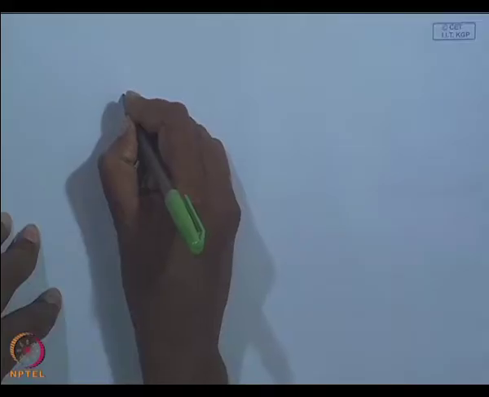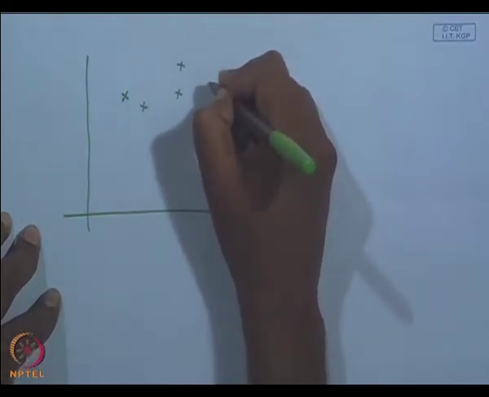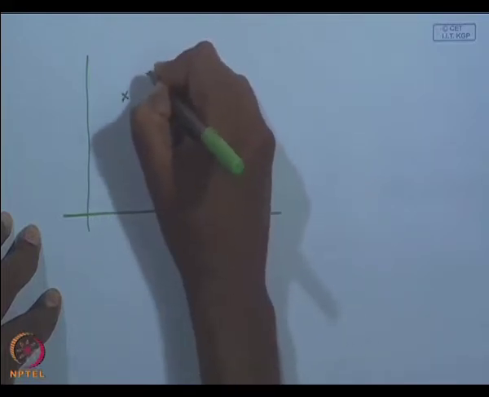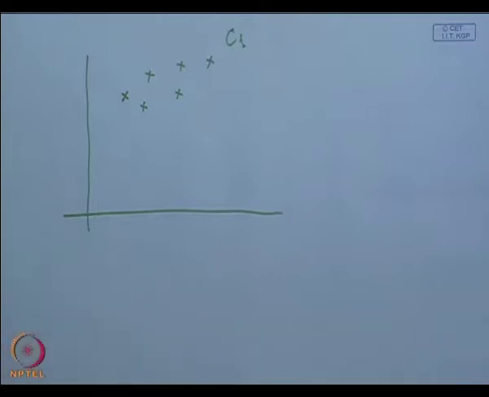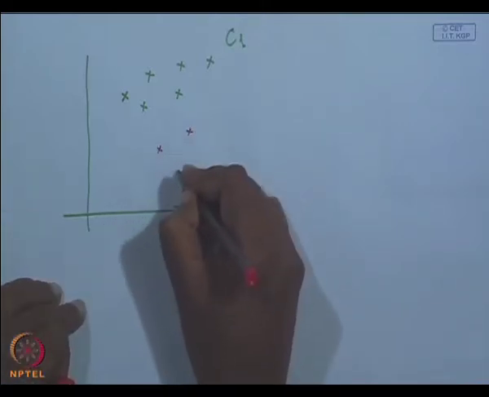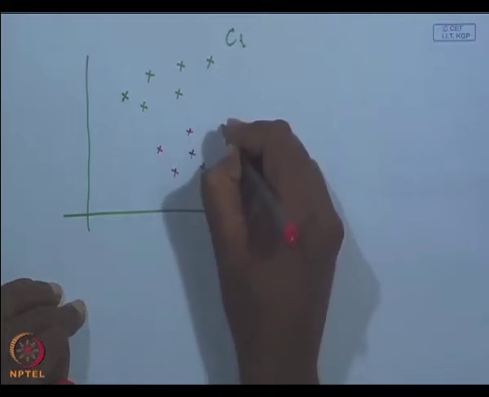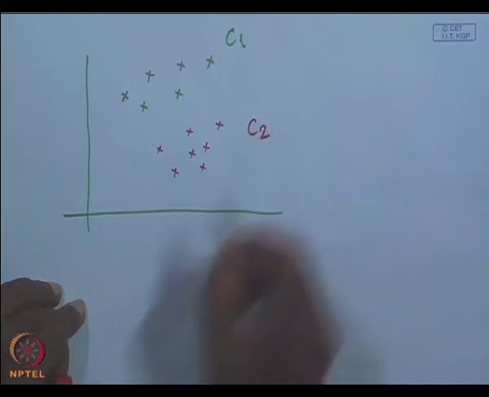Let us take two-dimensional feature vectors. These are the feature vectors which say belong to class C1, and I can have a set of feature vectors something like this which belong to class C2.